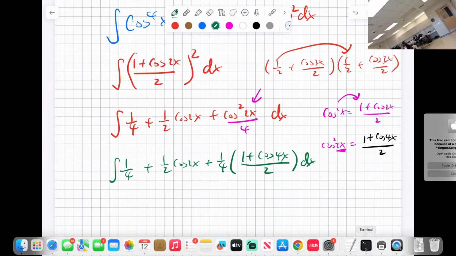All right, so now finish this part off, because now it's just algebra.